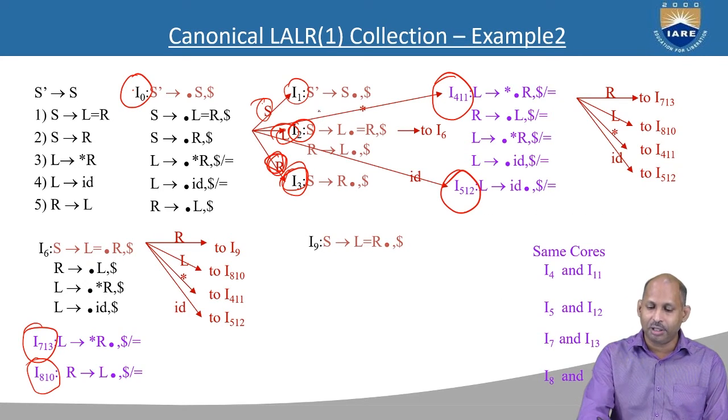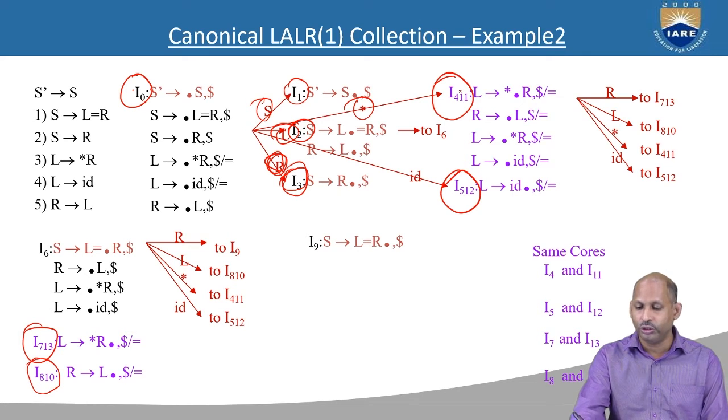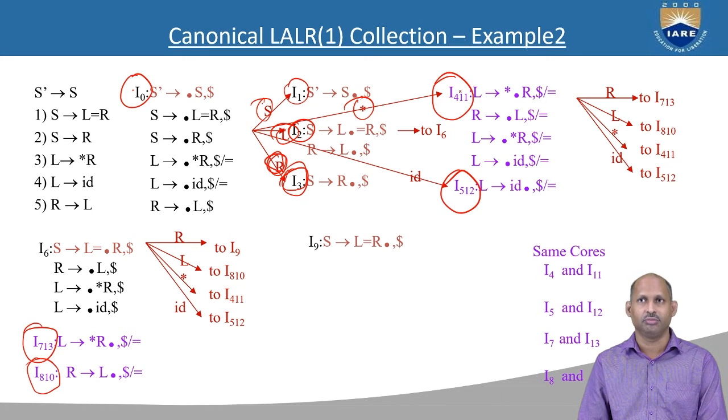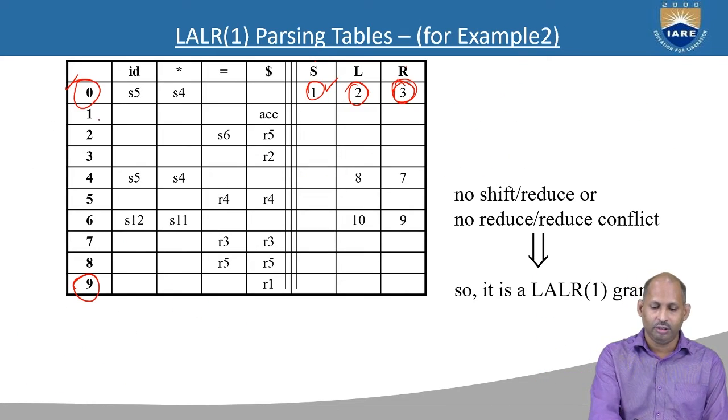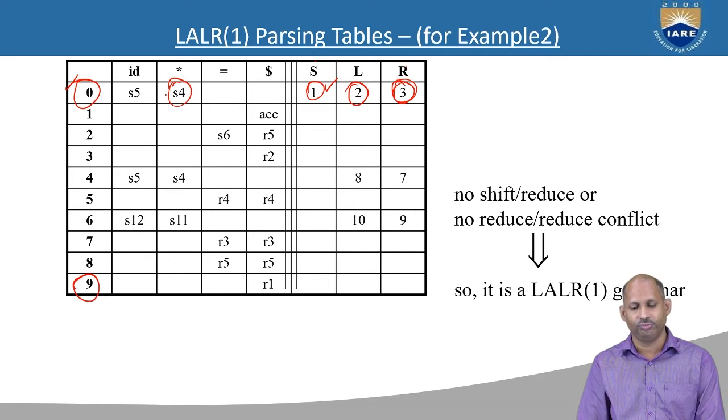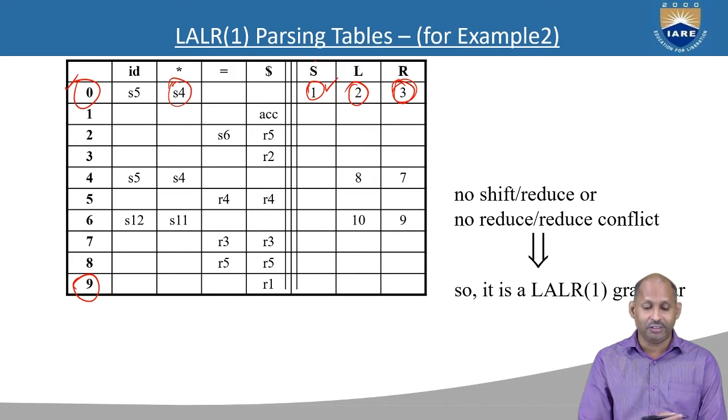Then on the terminal multiplication, going to I47. On multiplication, shift 4. Simply we write shift 4 because we have deleted the 11th state.